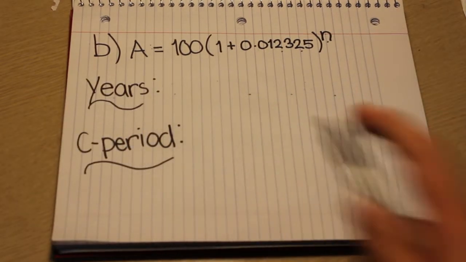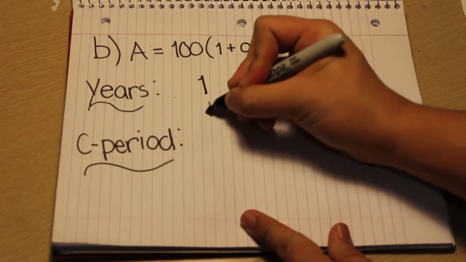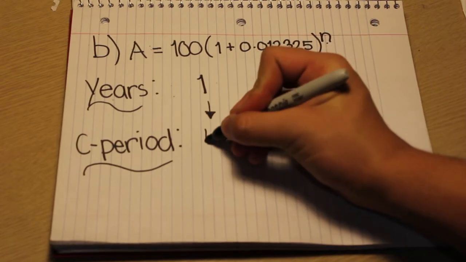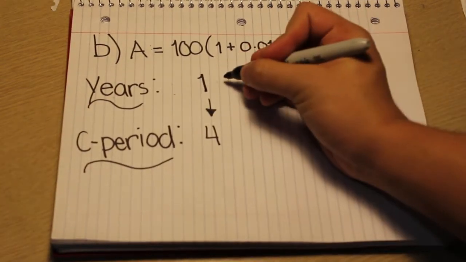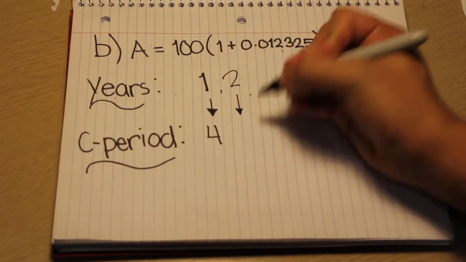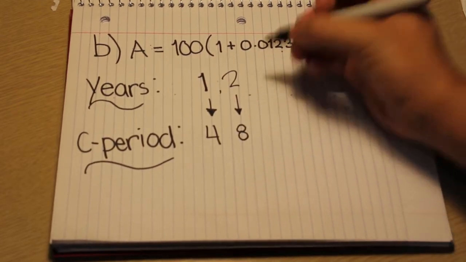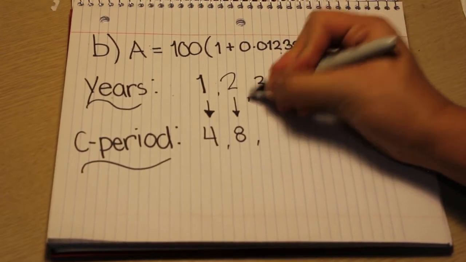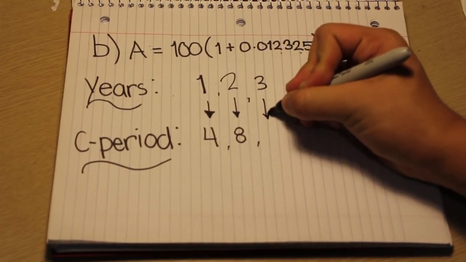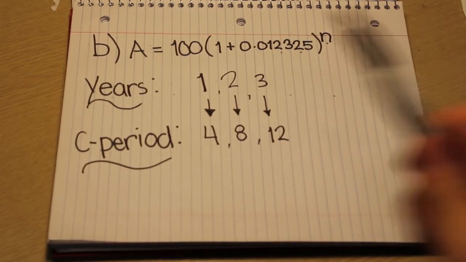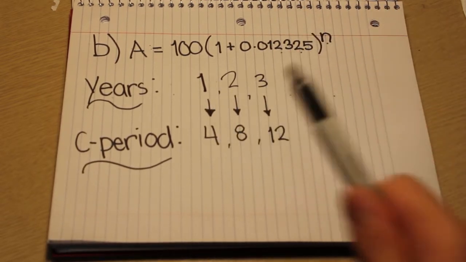So if it's 1 year, that will equal 4 compounding periods. 2 years will equal 8 compounding periods. 3 years will equal 12 compounding periods.